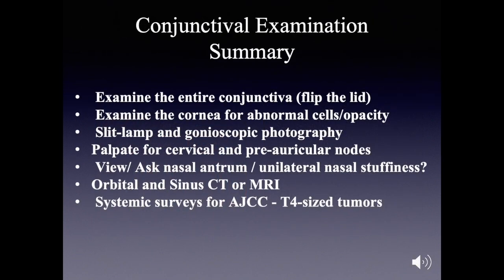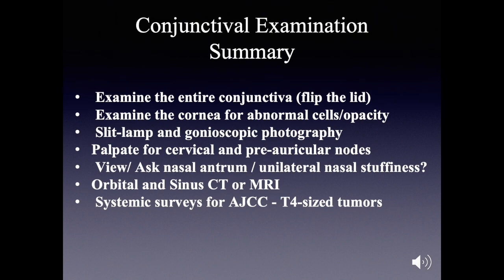In summary, at the New York Eye Cancer Center, I require that the entire conjunctiva and cornea be examined and photographed at presentation and repeatedly at follow-up. Particular attention is made to examining the cornea for opacification and vascularity. Anterior segment photography is used to document and follow patients for tumor regression and for their recurrence.